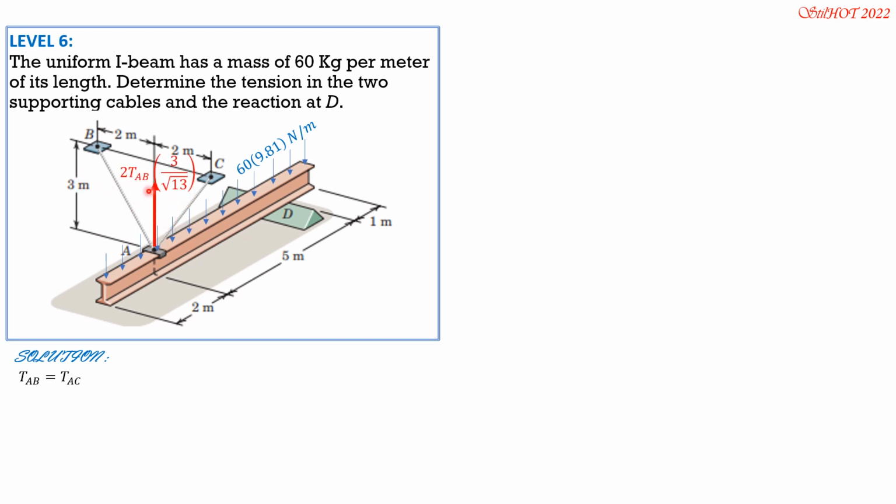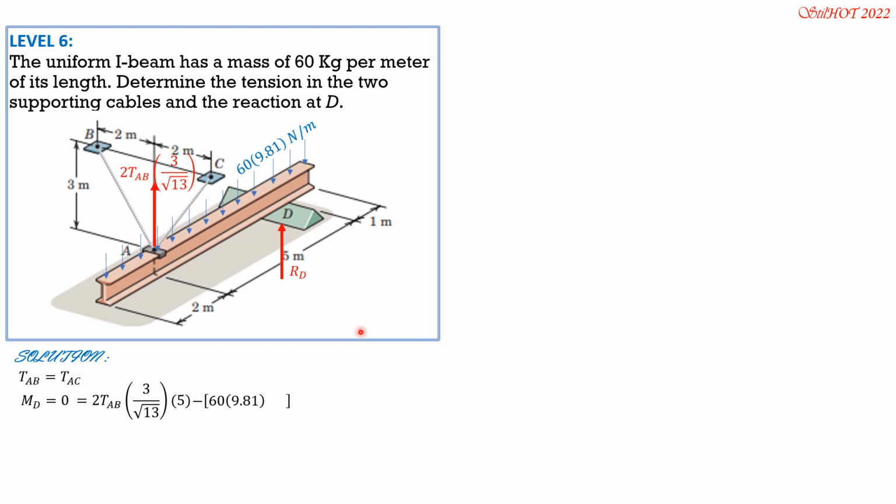And to solve for tension AB, which is equal to tension AC, we set moment D0. Let's call that reaction at D. So, summation of moment about D0: we have 2 times tension AB times 3 over square root of 13 times 5, then minus 60 times 9.81 times 8 times 3, because the center is 4 meters from the other end and this is 1 meter.